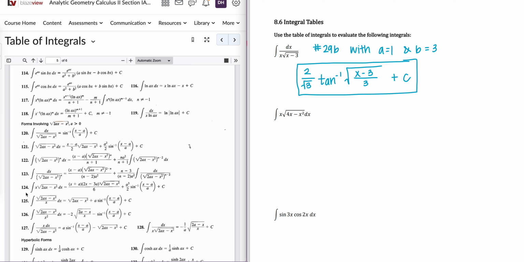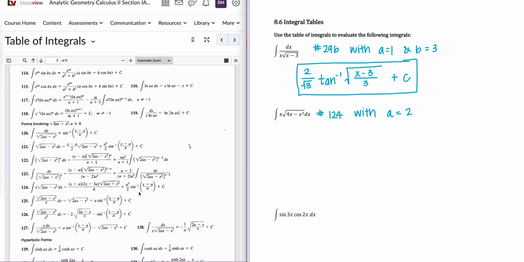And we are going to be, again, at number 124. So here's the x, our 2ax, that matches up with the 4x in our problem, minus x squared. So in this case, the a is going to equal 2. So this one is number 124 with a equals 2.